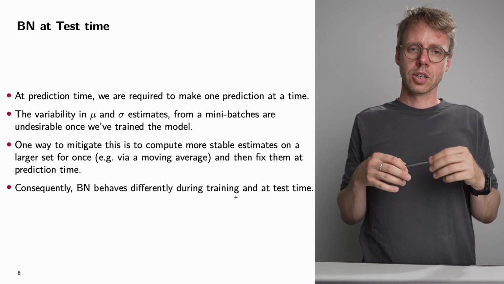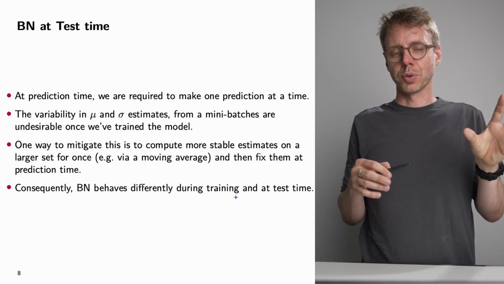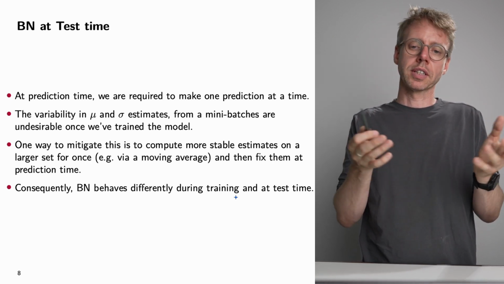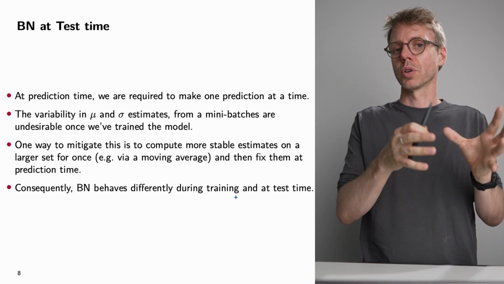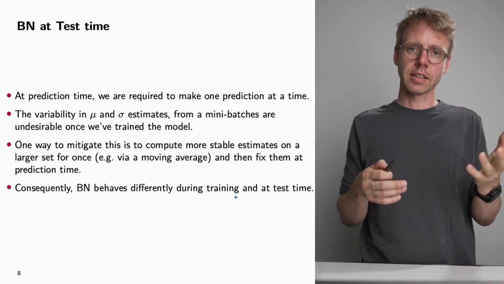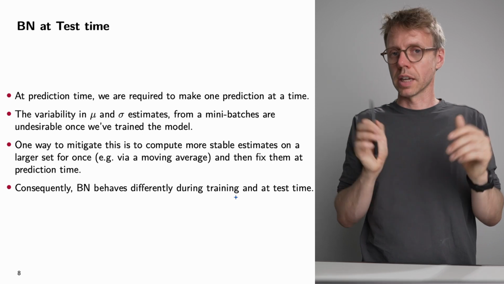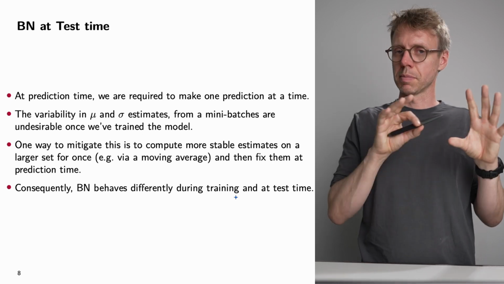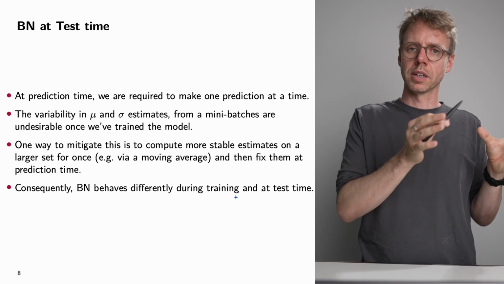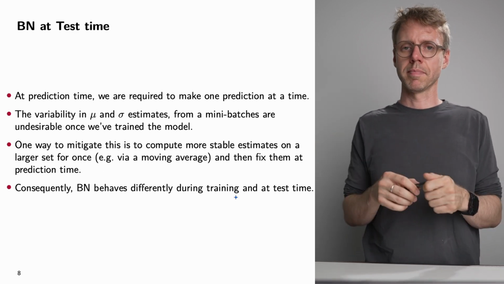Thus, typically we would have to fix a value of mu and sigma, for example, by looking at a moving average or by just picking a single fixed value, say from the training data. Thus, remember, batch normalization behaves differently between training time and test time.